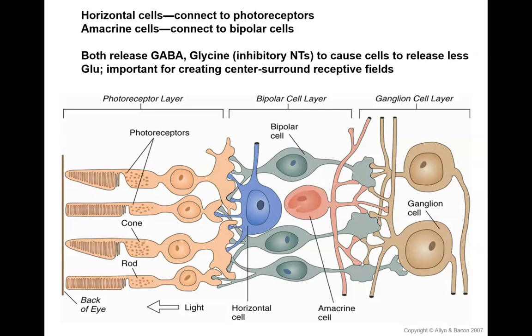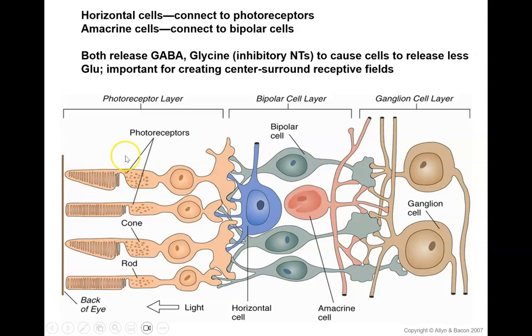So when horizontal cells are excited by glutamate release from photoreceptors in the dark, they're going to cause those inhibitory neurotransmitters to be released on nearby photoreceptors.